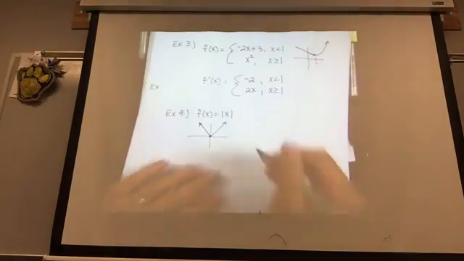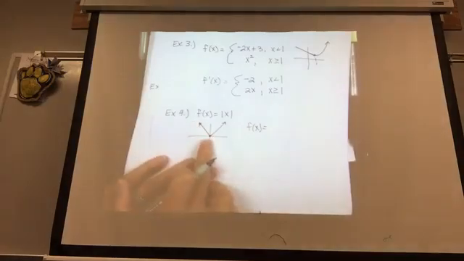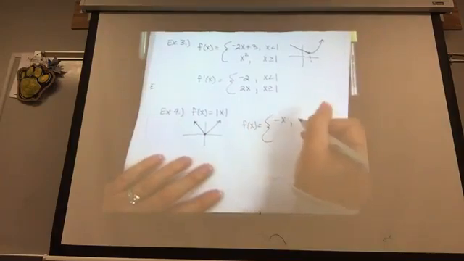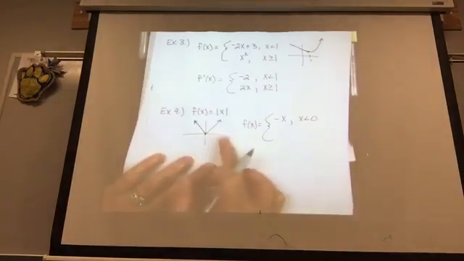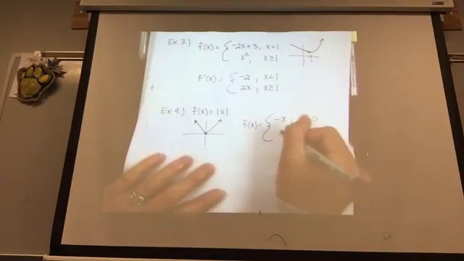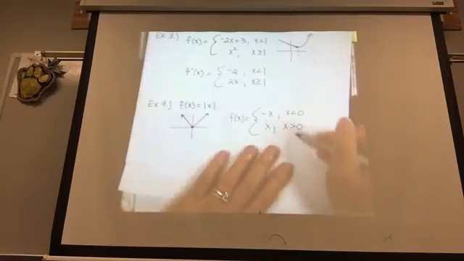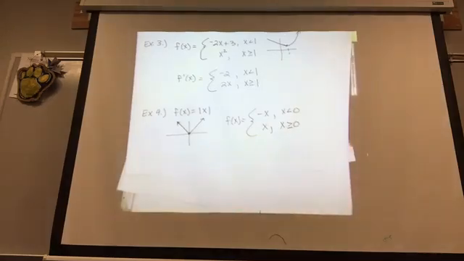So f of x will equal, we know the left side of 0 is negative x. So negative x for x less than 0. And the right side of 0 is positive x. And remember the thing on your interval where your piecewise function's connected? One of them has to be included, but you can't make both of them included because then it wouldn't be a function.